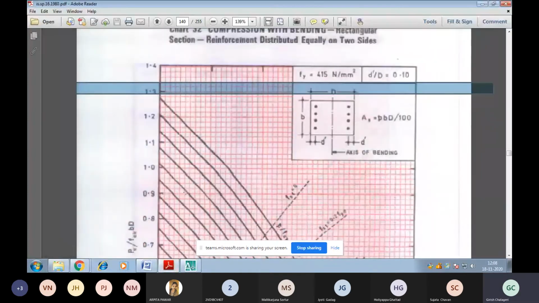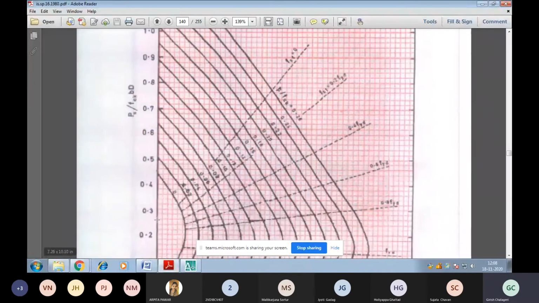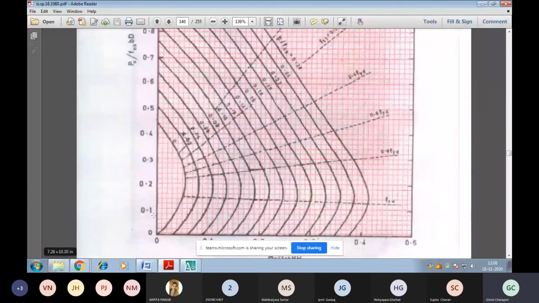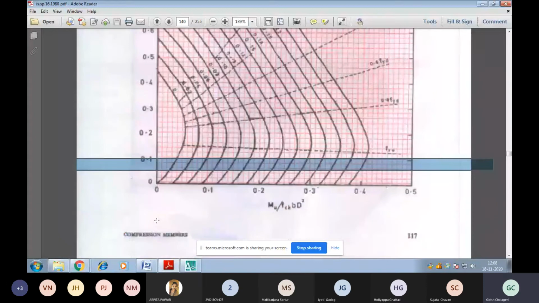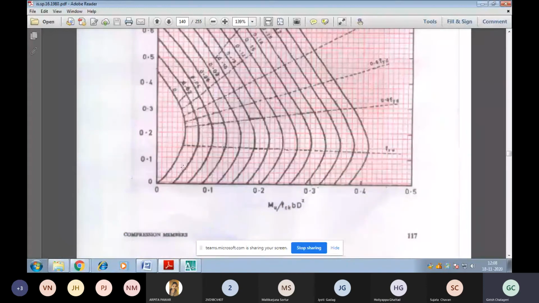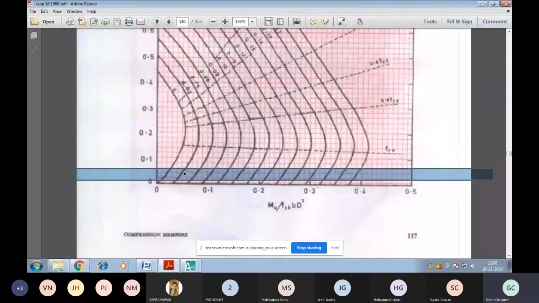So 0.033 we get somewhere here, at this point, and here it is 0.05, where 0.1 is there and 0.05 is somewhere here. So somewhere at this point we get the values. This is what I am showing. Here it will be 0.3, somewhere we get it here, and here 0.5 is exactly at this point.